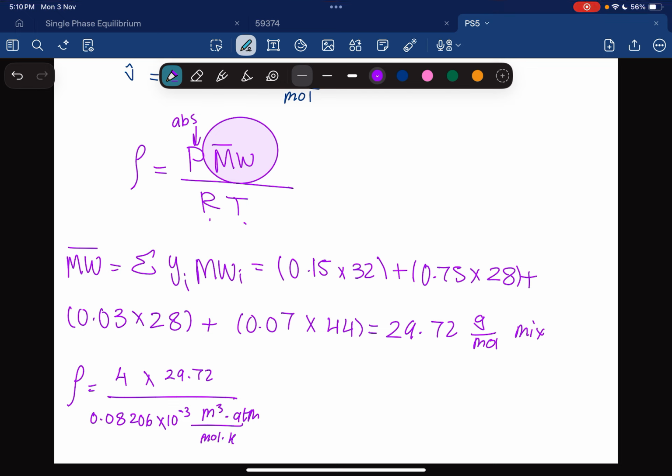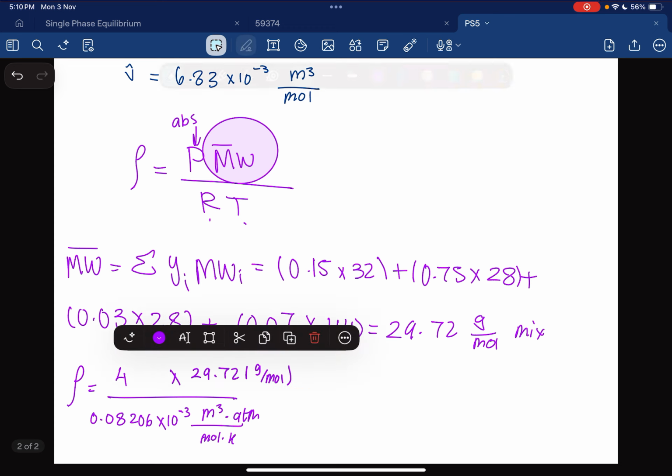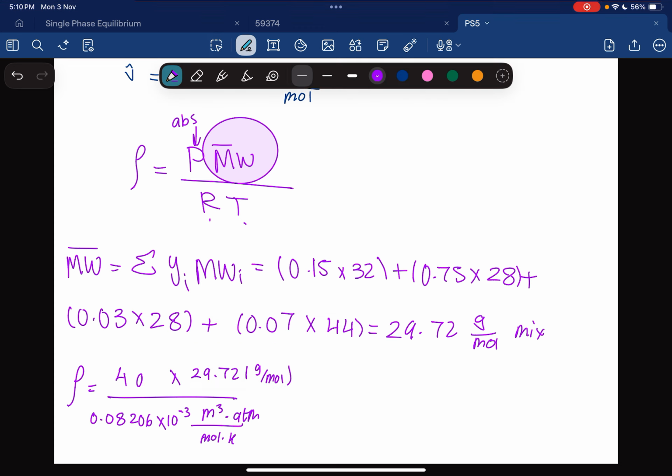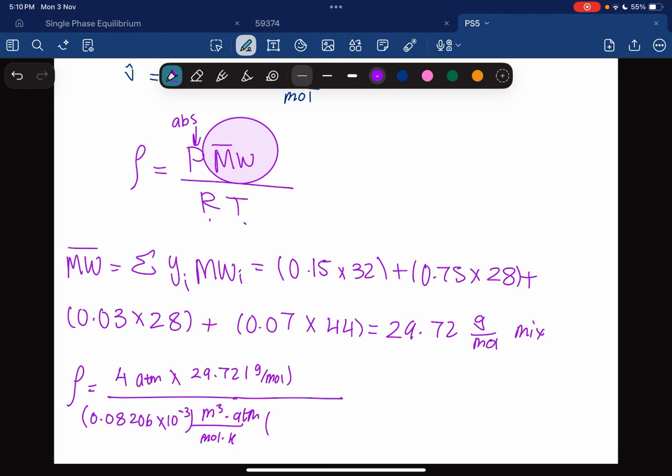I forgot to add my units above, so I will add them again. It's good that you're keeping track of the units to avoid some mistakes. And this will be multiplied by the temperature in Kelvin.